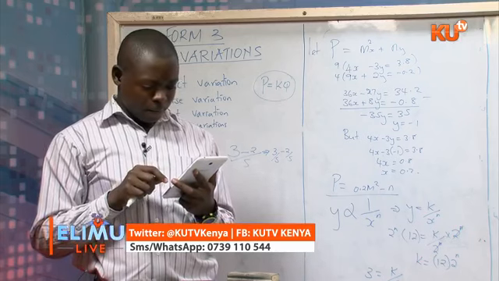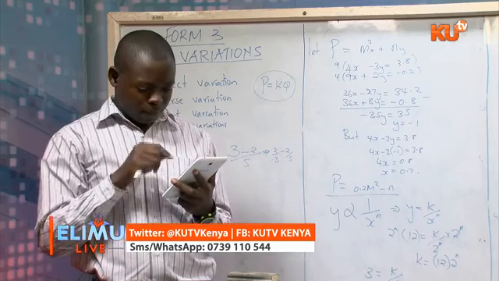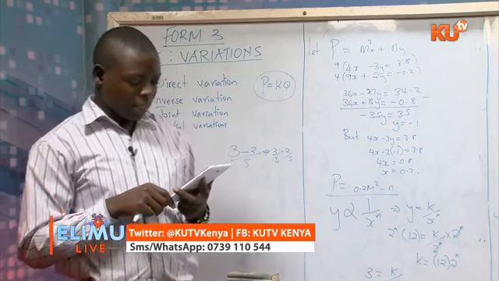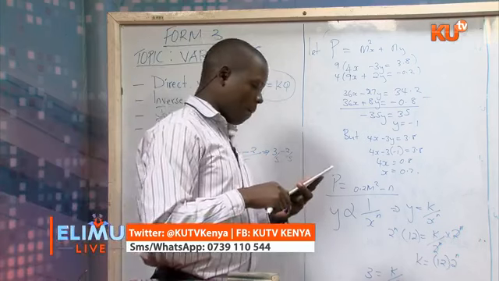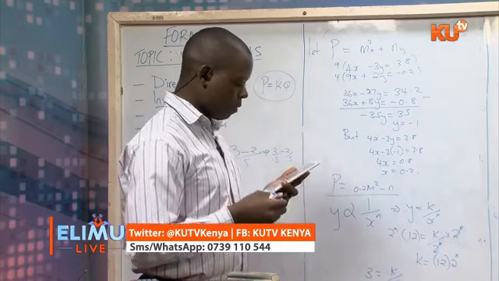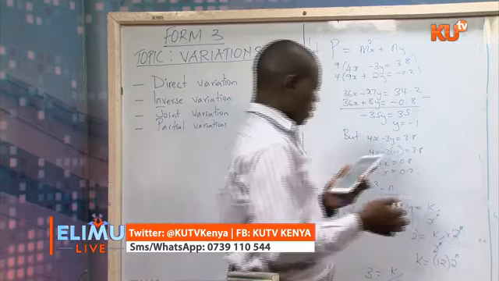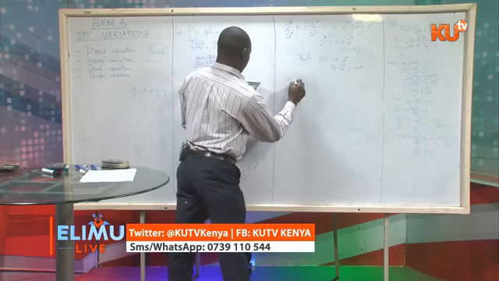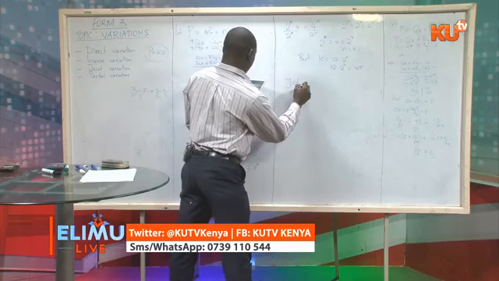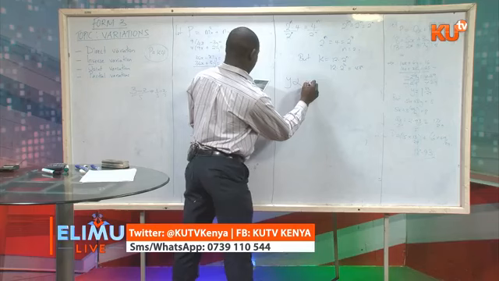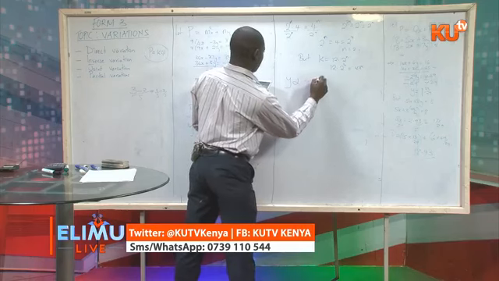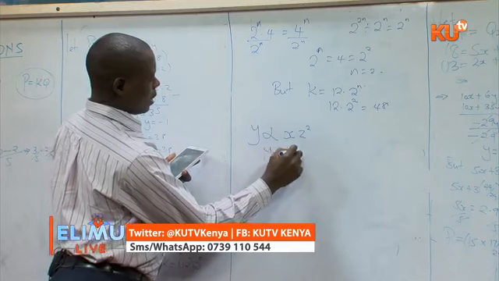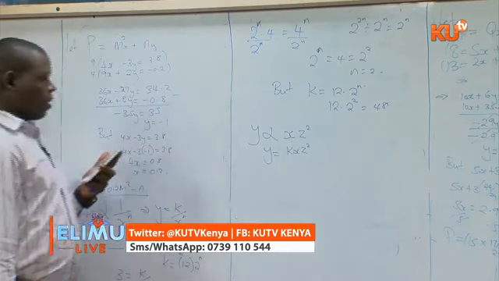We have Ferdinand from Bungoma. Given that y varies jointly as x and z squared, that should be the square of z. Ferdinand, if y varies jointly as x and the square of z, this is the equation. y becomes kxz squared.